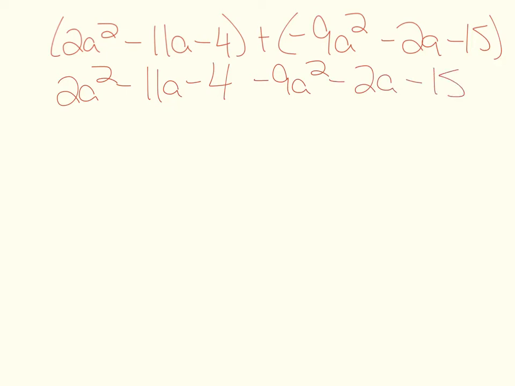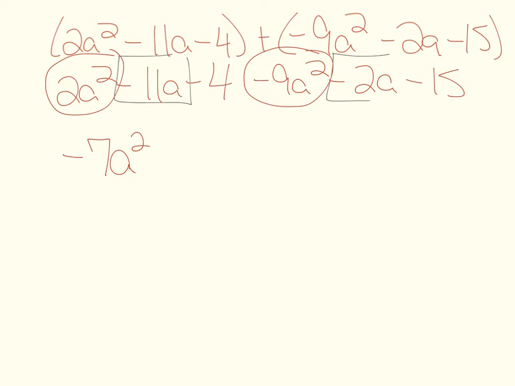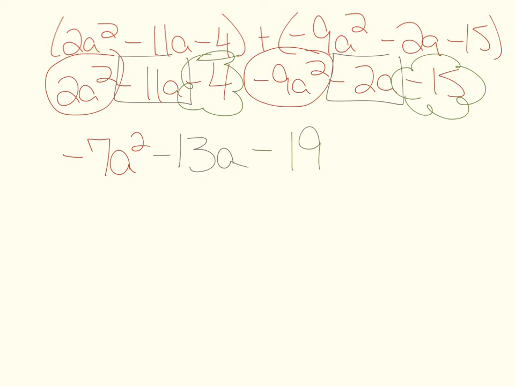And again, we're just looking for like terms. I see 2a squared minus 9a squared. 2a squared minus 9a squared is negative 7a squared. Notice my exponents didn't change. I see a negative 11a and a negative 2a. Negative 11a minus 2a is negative 13a. And then I see two constants. Minus 4, minus 15, that is minus 19.